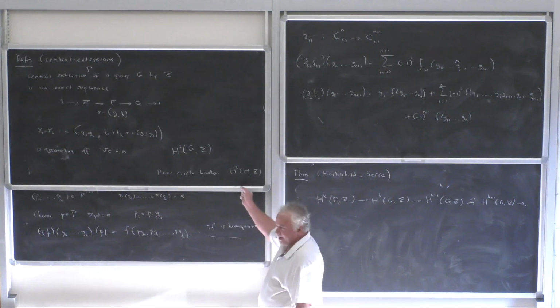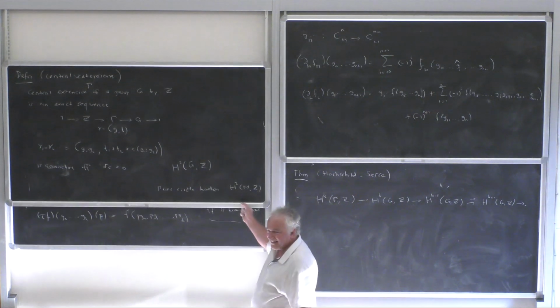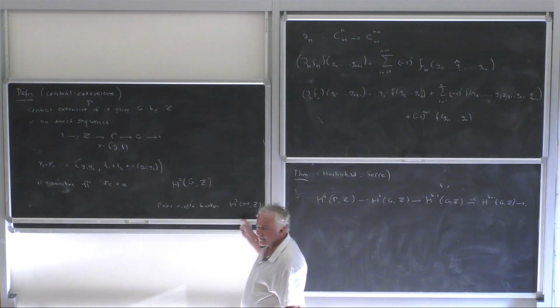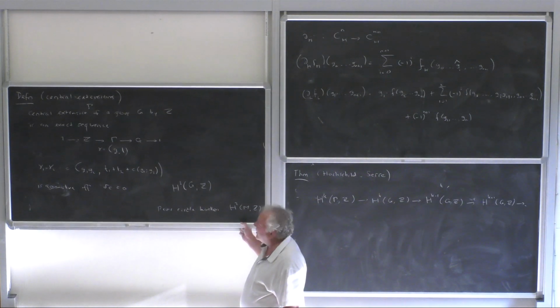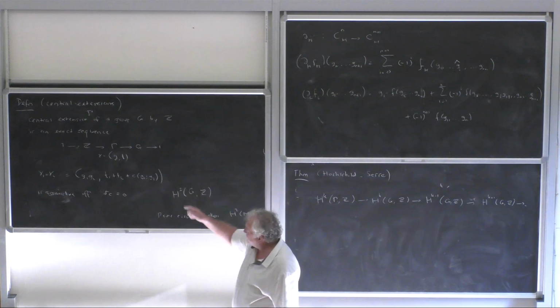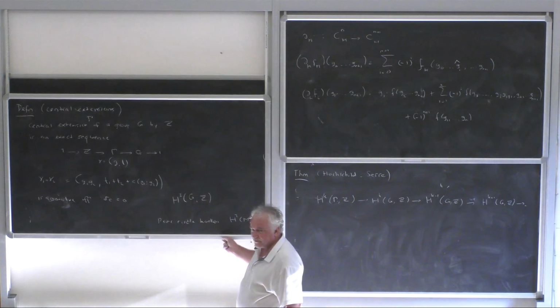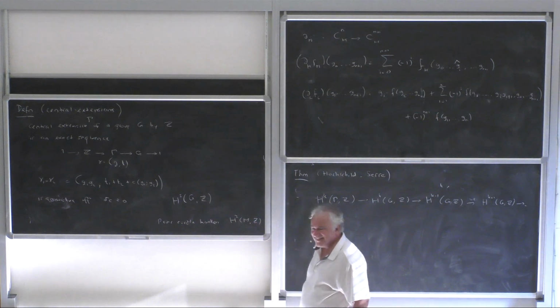That's correct, but I'm working with finite groups. But I think as group cohomology, H2 of G, Z is related to H3 of G, Z when G is considered as a manifold, because there's that delooping. I'm going to apply this to G, where G are discrete groups. Yeah, for Lie groups there are no central extensions.